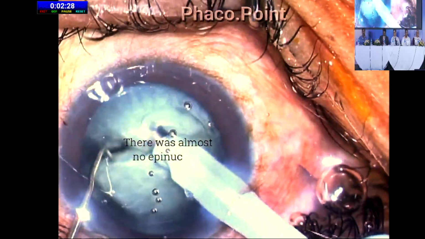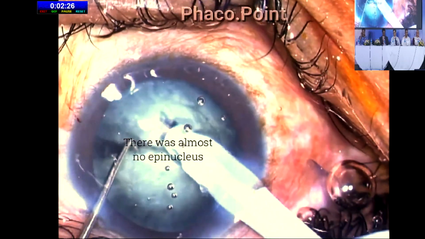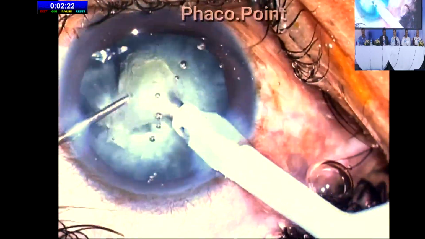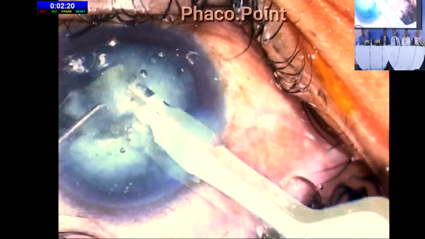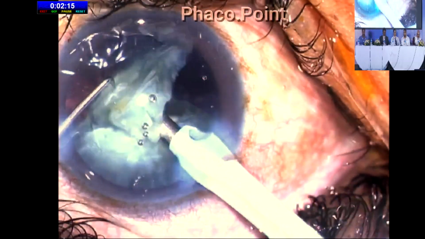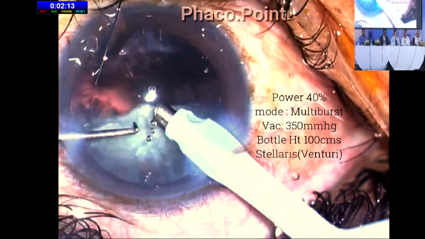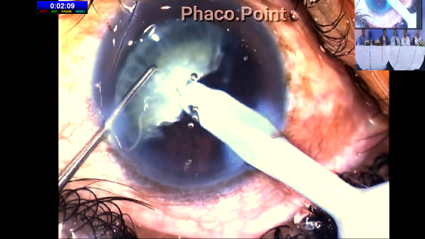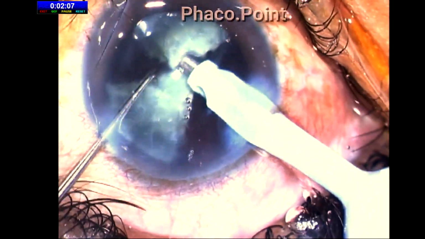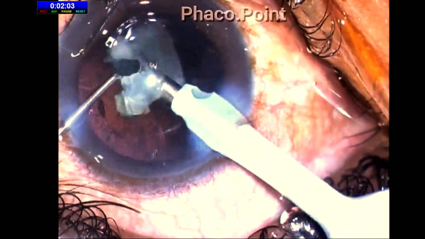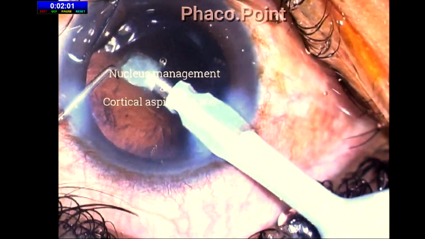The nucleus disassembly and emulsification was carried out using the direct chop technique. The nucleus disassembly was uneventful.